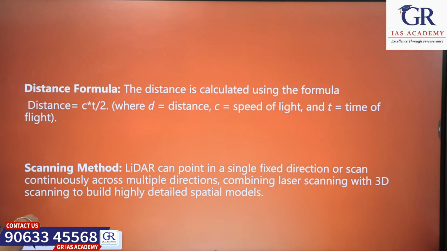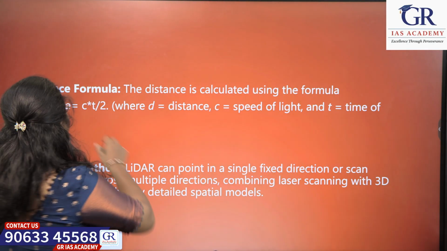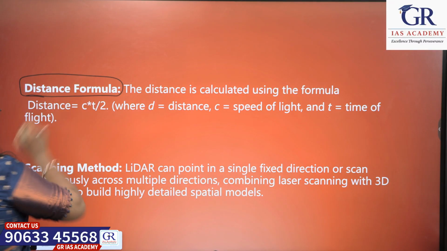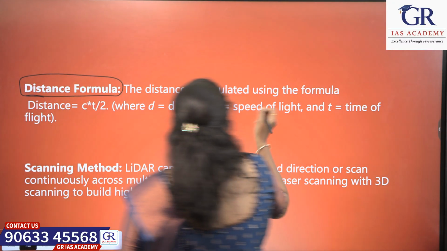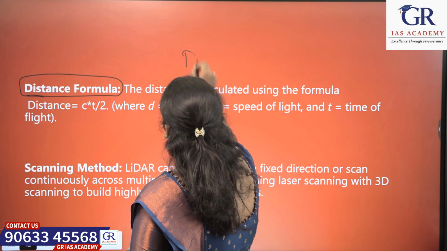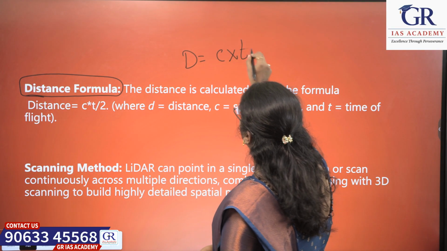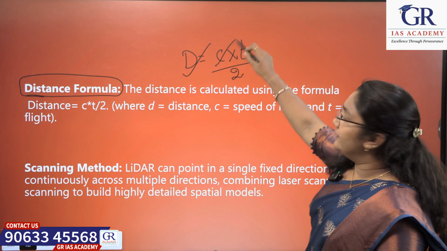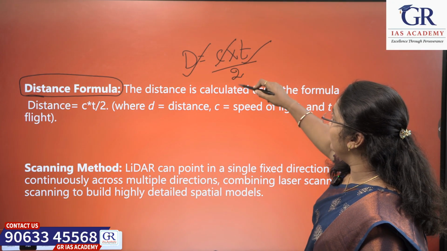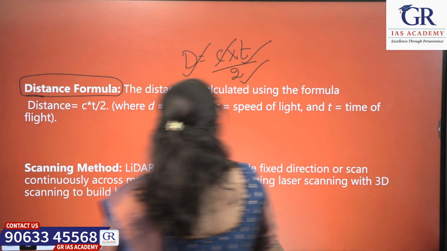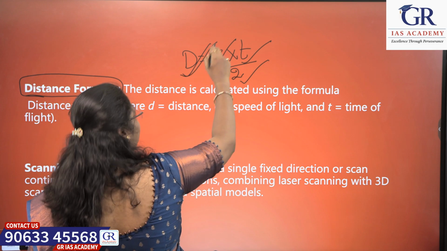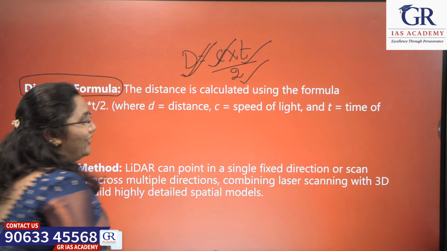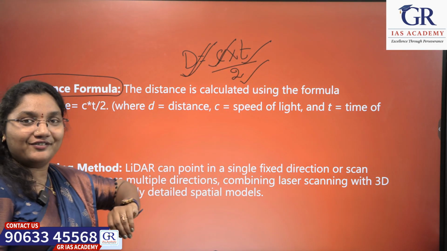Next, see the distance formula. The distance is calculated using the formula d = c × t / 2, where d is the distance, c is the speed of light, and t is the time of flight.